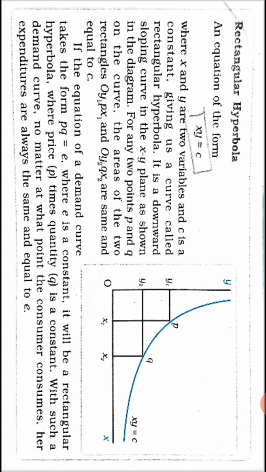In rectangular hyperbola, basically it is a shape of the demand curve. The equation is of the form xy = c. xy = c is the formula for the rectangular hyperbola, where c is a constant. c is not going to change, that's why it is given as xy = c.